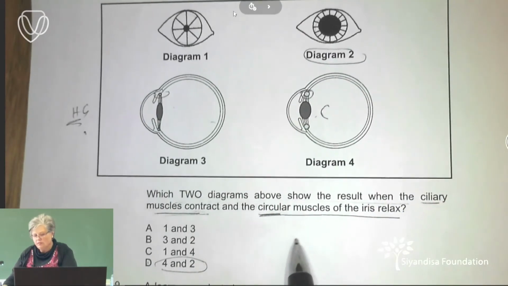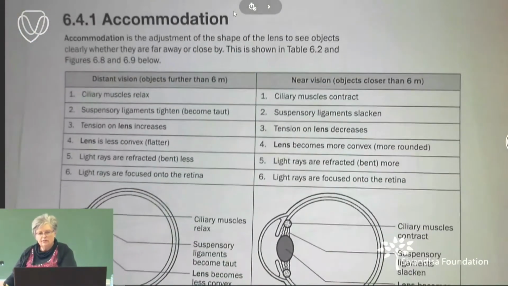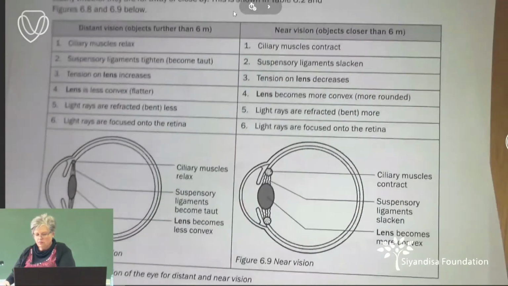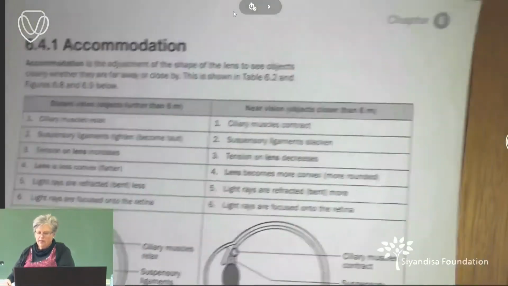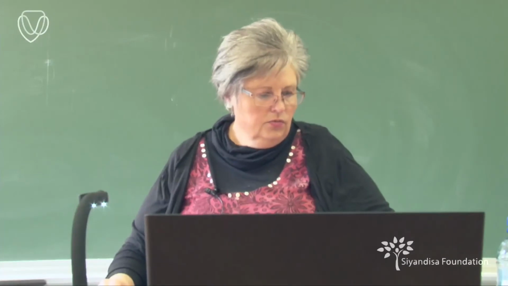So it's very important that we understand this, and it's very beautifully summarized in Mind the Gap if you struggle with this one.